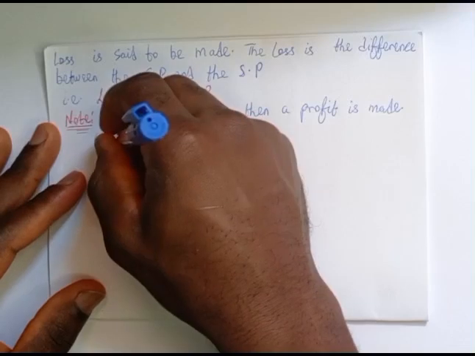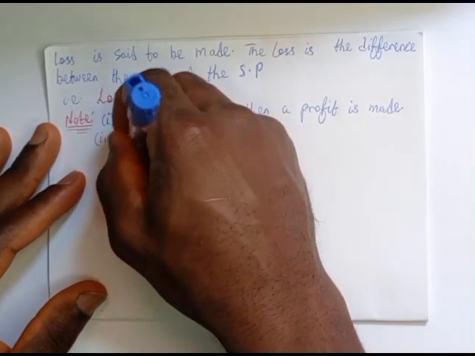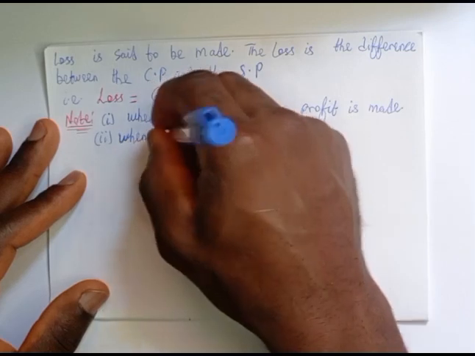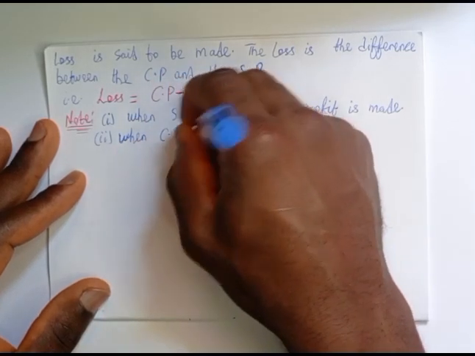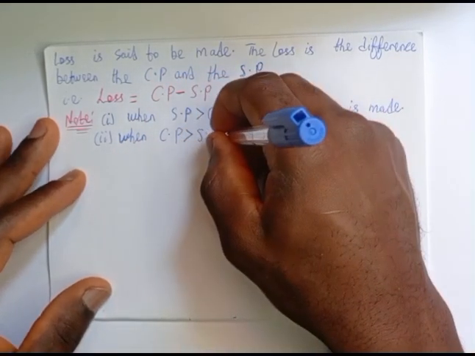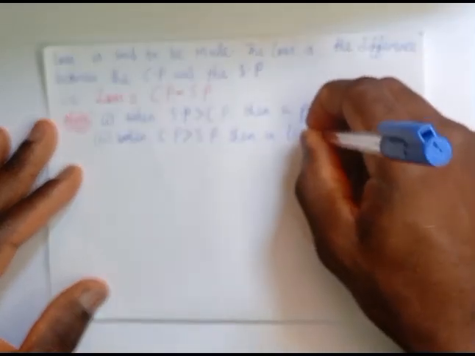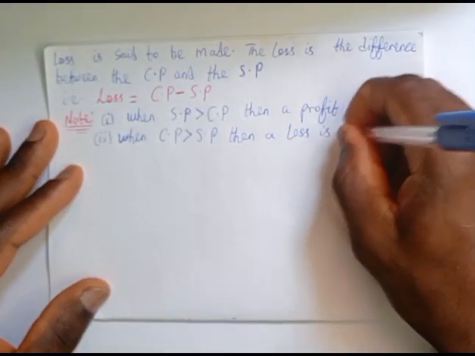Second, when the cost price is greater than the selling price, then a loss is made.